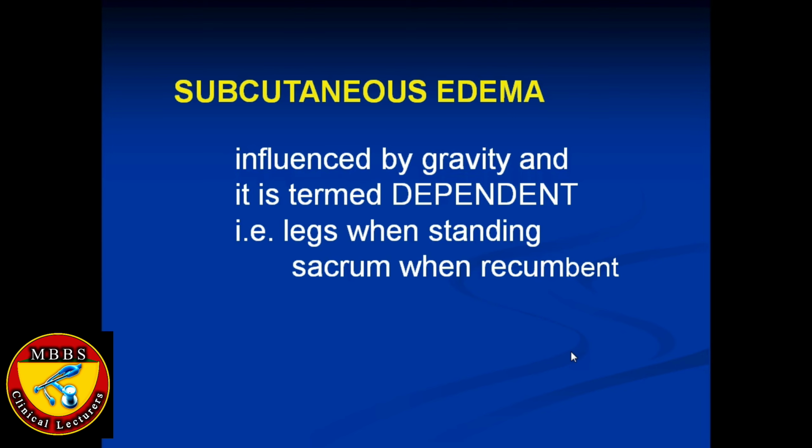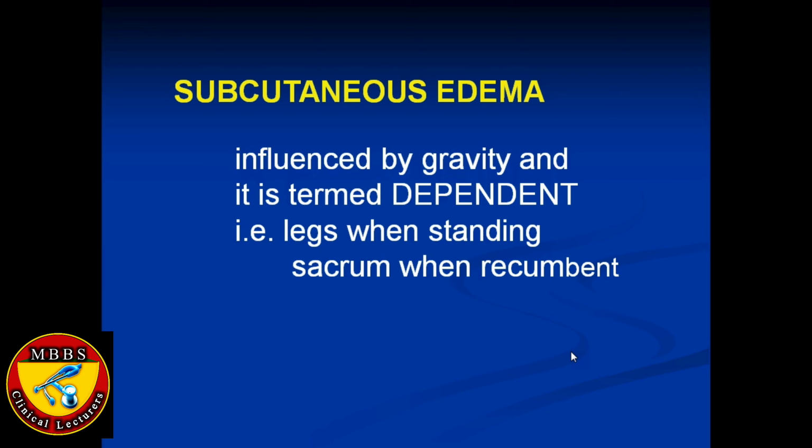Accumulation of fluid in the interstitium is mostly encountered in the subcutaneous tissue, and that too is affected by gravity and accumulates in the dependent portions of the body. Most of the time when the patient is mobile and standing, this fluid tends to accumulate in the feet or ankles of the patient, and as it increases, it moves upwards.